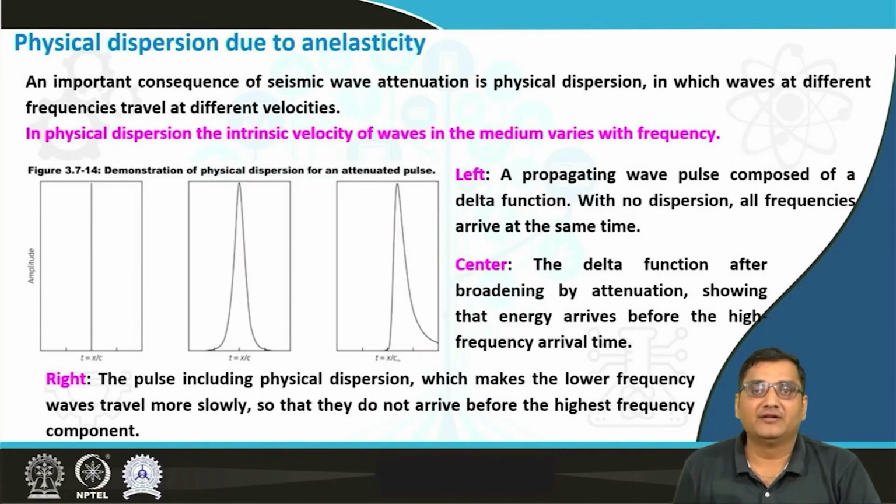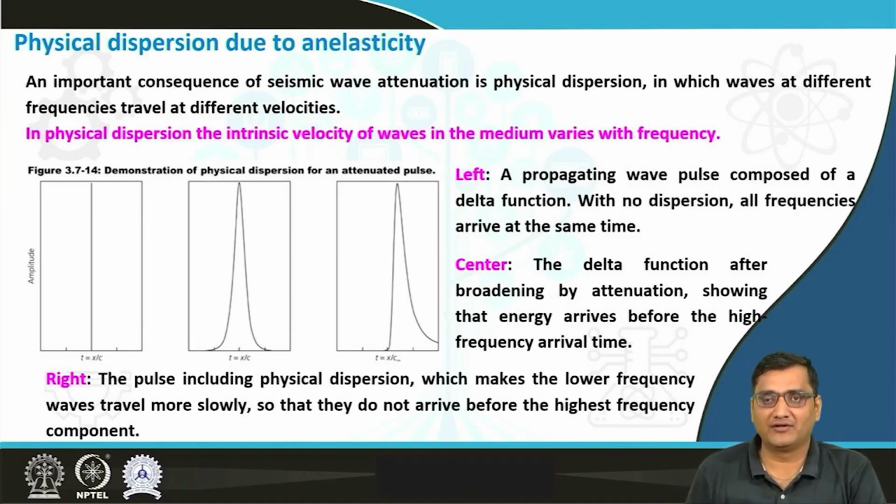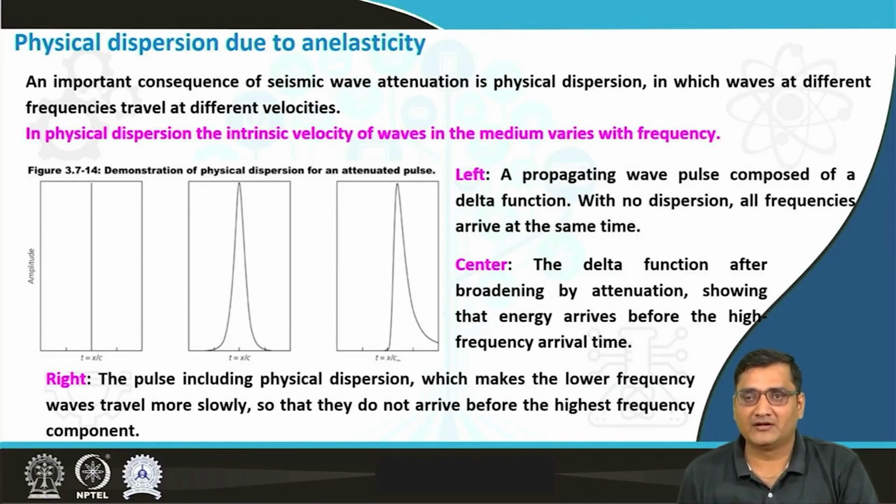And an important consequence of seismic wave attenuation is physical dispersion, and physical dispersion is different from geometrical dispersion. In physical dispersion, the waves at different frequencies travel at different velocities, but in geometrical spreading, it basically depends upon the thickness of the medium.